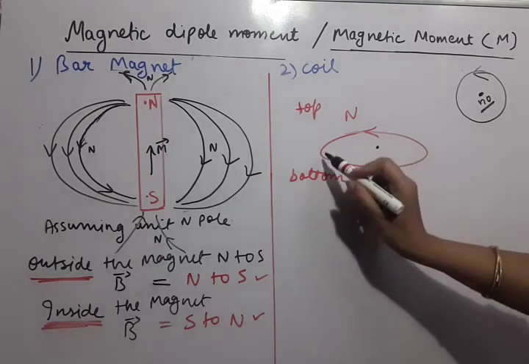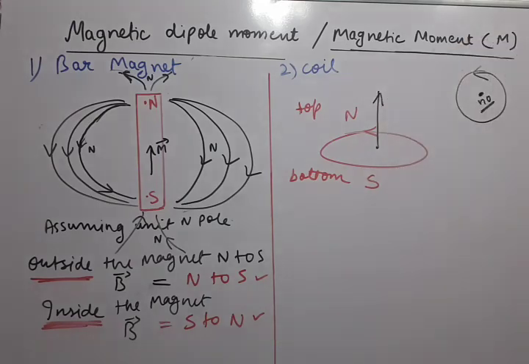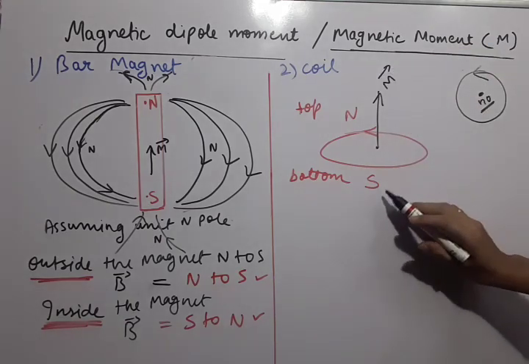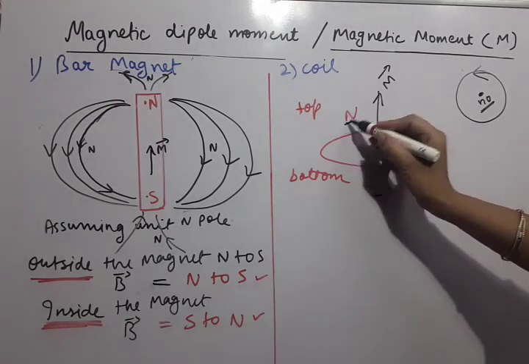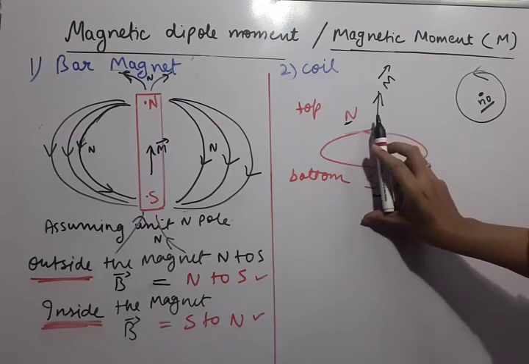So from this anti-clockwise current, normally outwards is the field or magnetic moment. So it is correct, no, that the bottom side was S and the top side is N. So the magnetic moment is coming from S to N only.